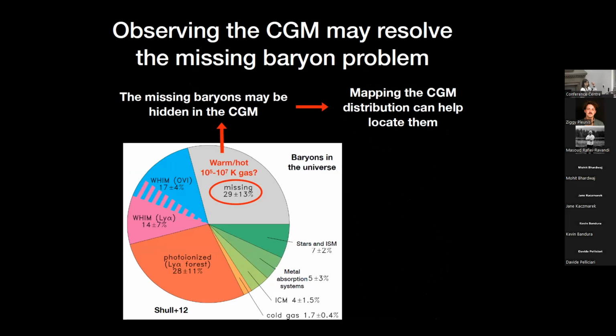So where are the rest of the 30% of the baryons? The consensus is that the missing 30% is very possibly located in the hot phase of the CGM. By mapping the distribution of the circumgalactic medium, we can possibly resolve the missing baryon problem.